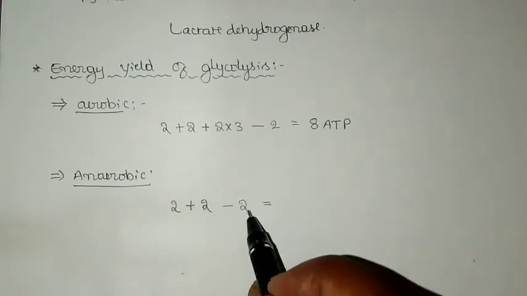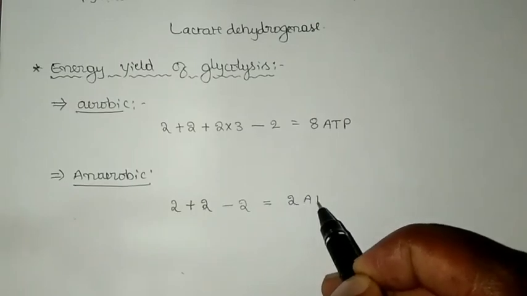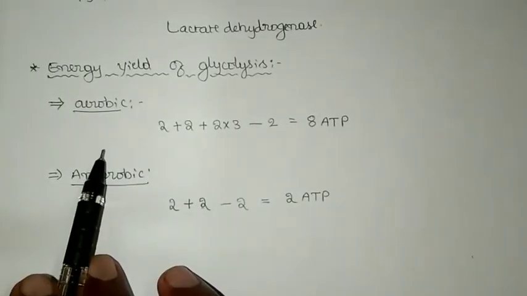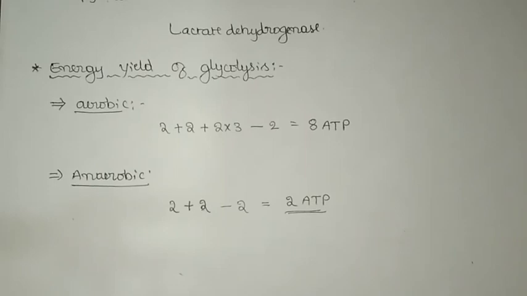So 2 plus 2 is 4, 4 minus 2. So in anaerobic condition, the total number of ATP molecules produced in the glycolytic pathway is equal to 2.